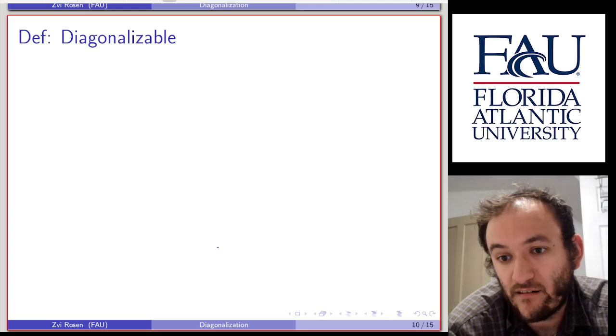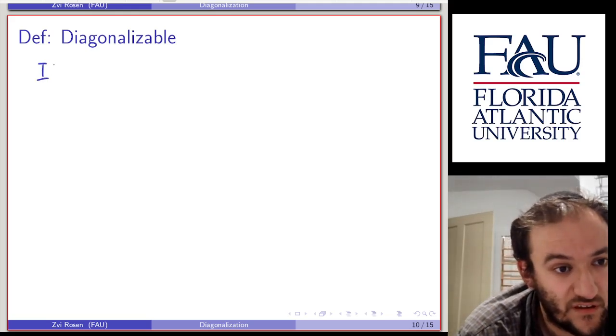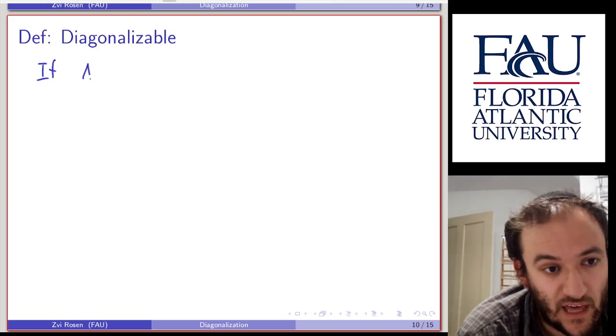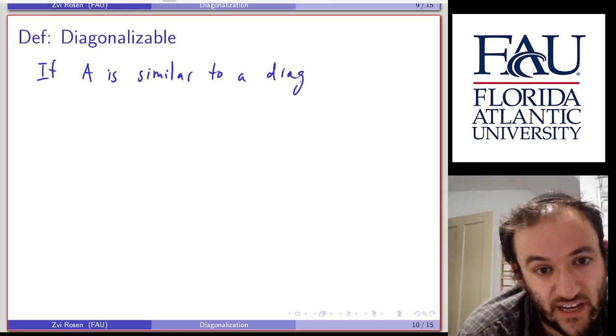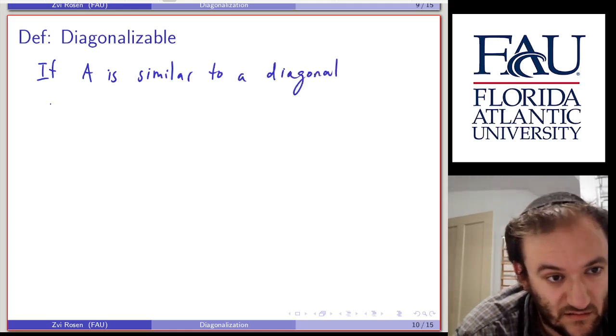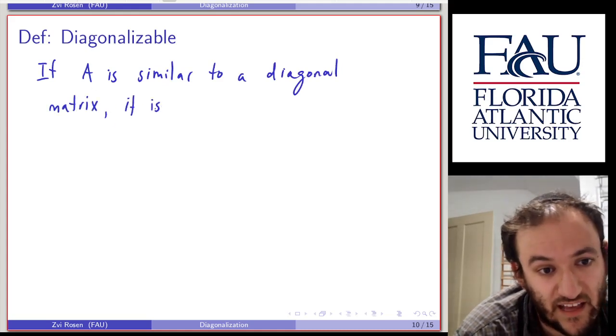So let's now take a moment to define diagonalizable. So if A is similar to a diagonal matrix, it is called diagonalizable.